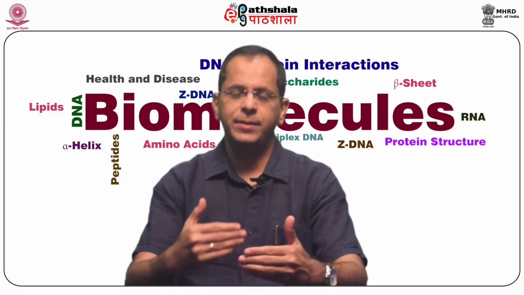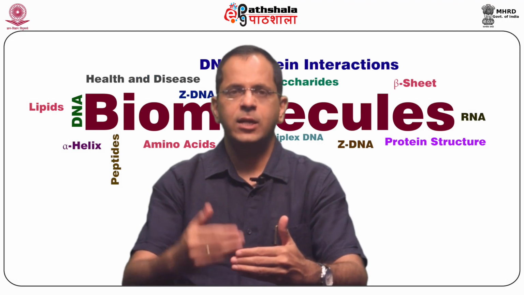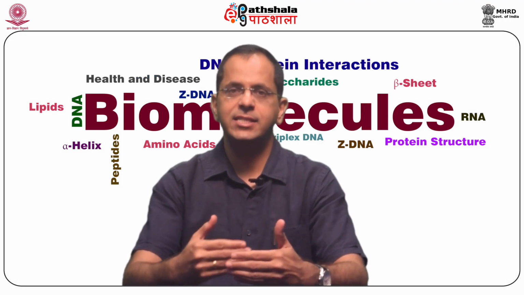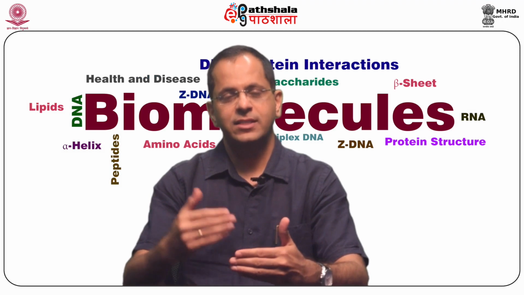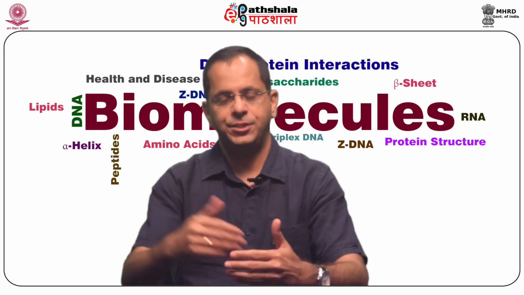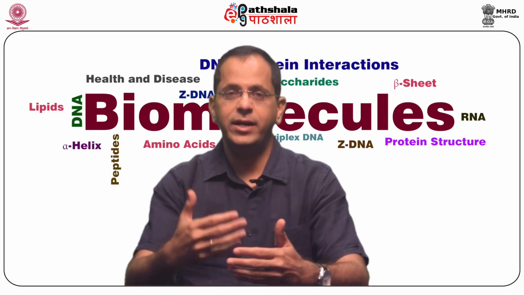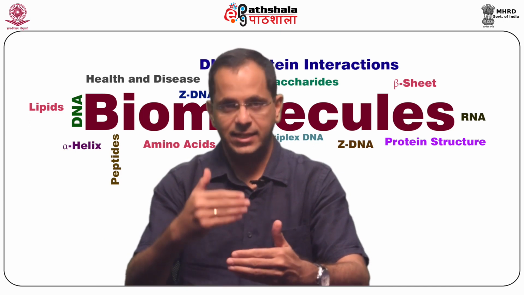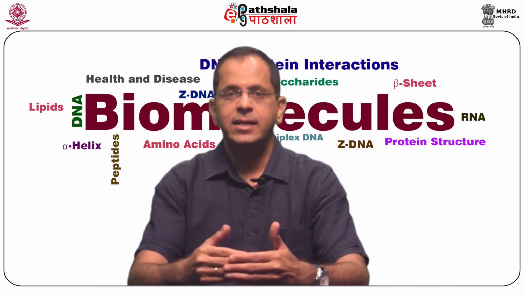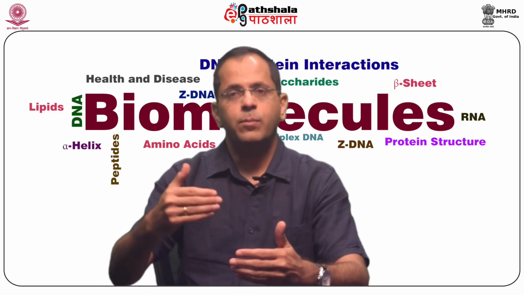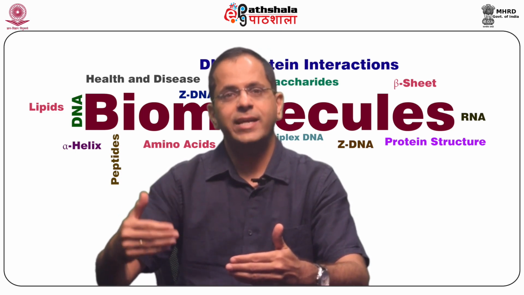Having understood ab initio, we now will look into the various advantages and disadvantages of this particular method. First, the advantages. It is deterministic and it provides details on possible aspects of protein folding.